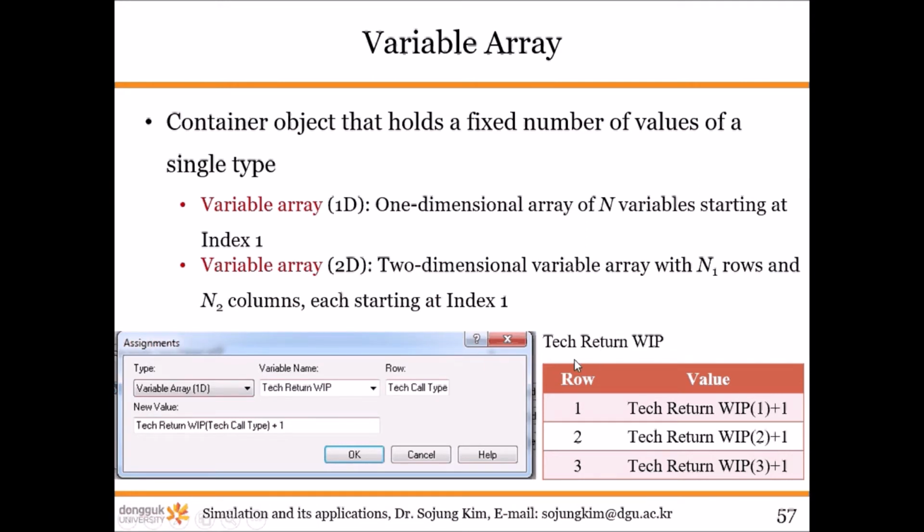let's look at the tag return WIP. Here in the assignment, you can use a one-dimensional or two-dimensional array, and in the model we use this variable named tag return WIP. The row information is saved in this attribute, tag call type.